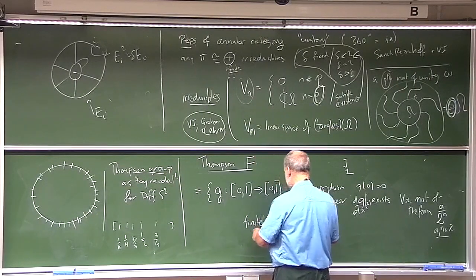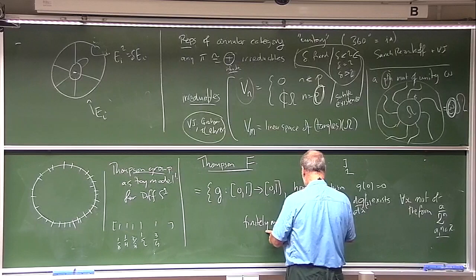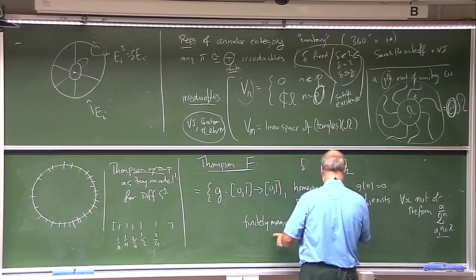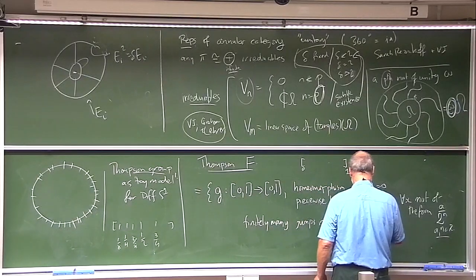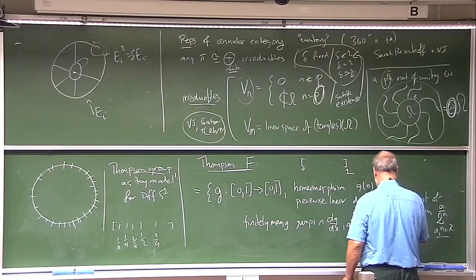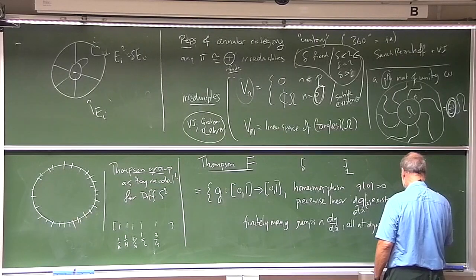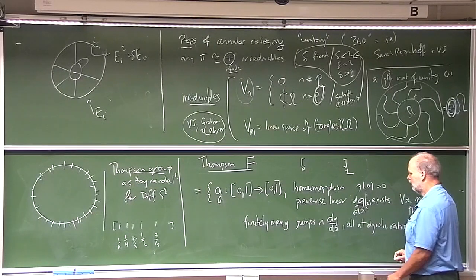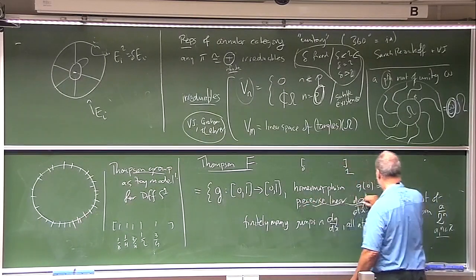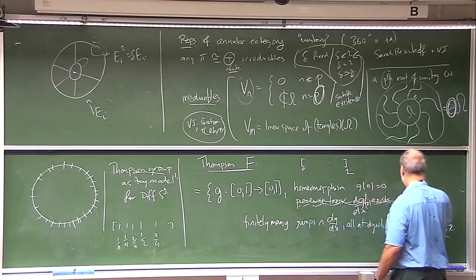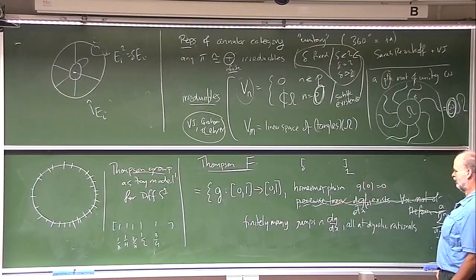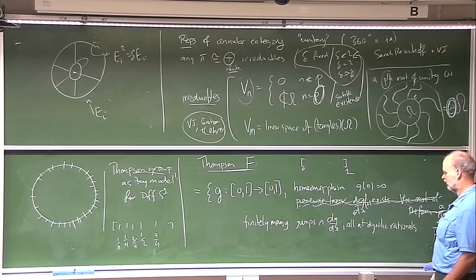Here's another way of saying the same thing: finitely many jumps in g'(x). Maybe this is a better way of saying it. Cross that out. Doesn't matter if I say it twice anyway, because the concept has to get across.